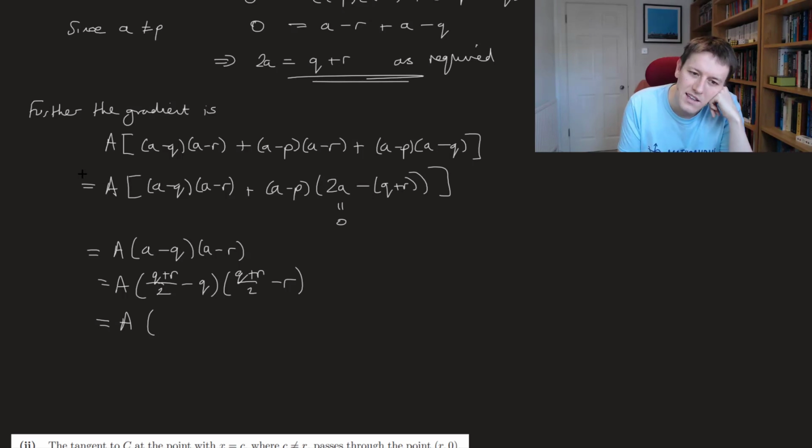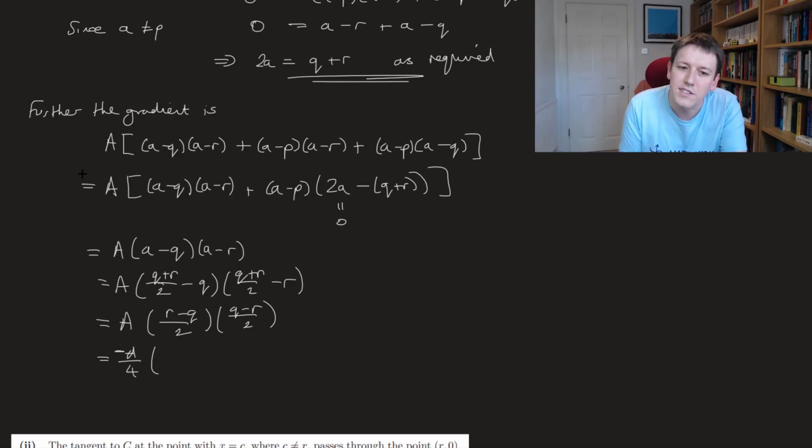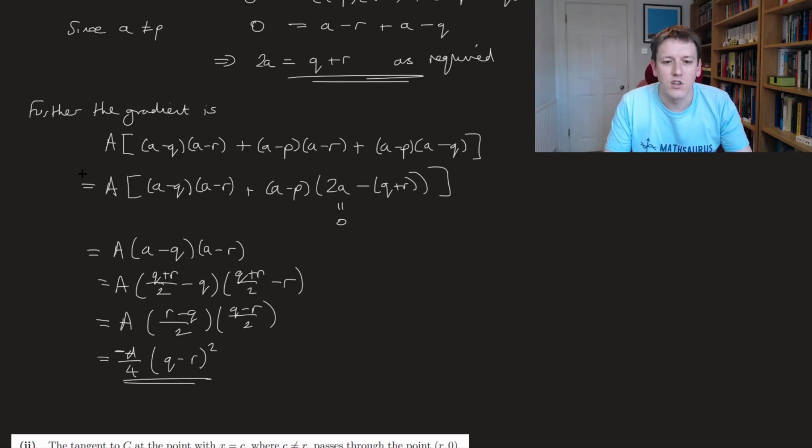So this is actually a times r minus q over 2, and similarly for this one, r over 2 minus r gives me minus r over 2, so this is q minus r over 2. So I actually get here a over 4 times, sorry, not a difference of two squares expression, it's an exact square, so if I pull a minus out, it's q minus r squared here, right? So minus a over 4 times q minus r all squared.